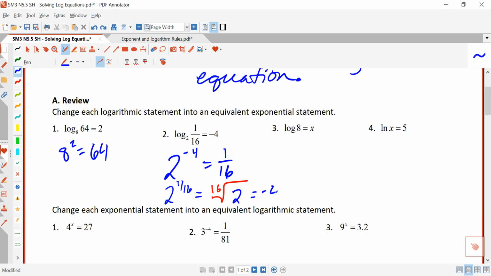One of your key things is that the base is the base, okay? 2 is the base here, 2 is still the base. So log base or exponent base, still the same base, because they are inverse operations. So cube versus cube root, 4th power versus 4th root, it's still a 4th index set, okay?